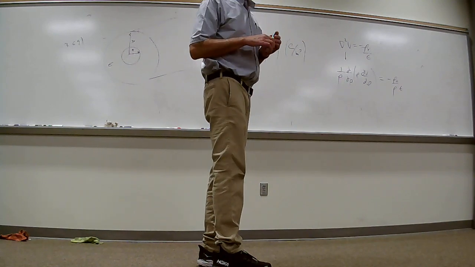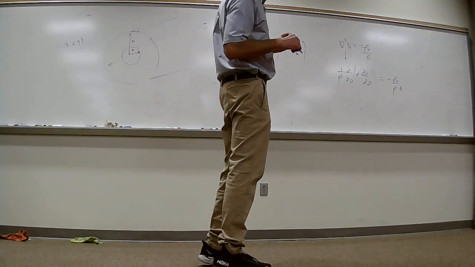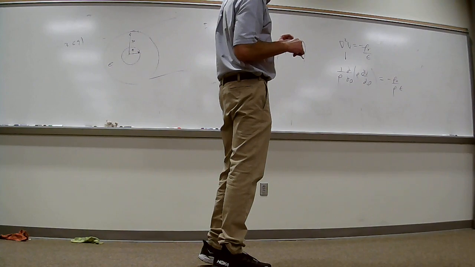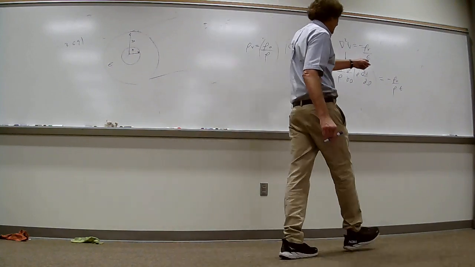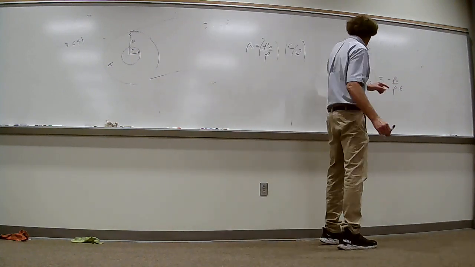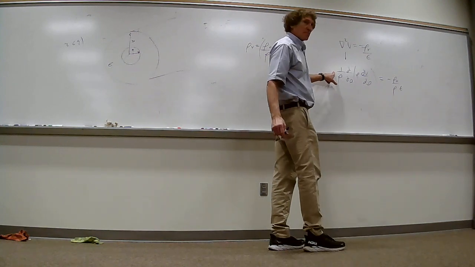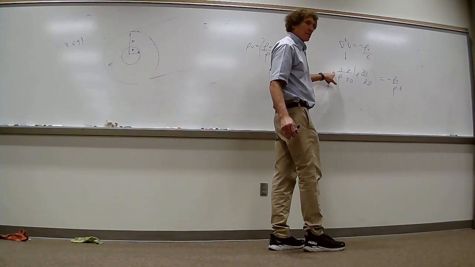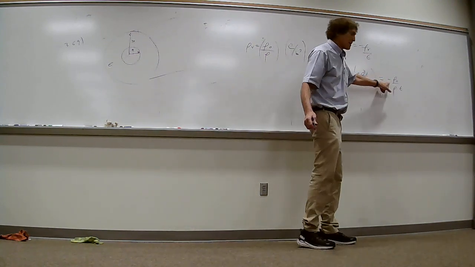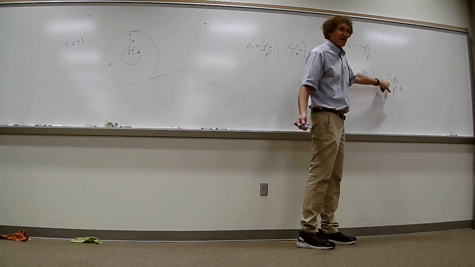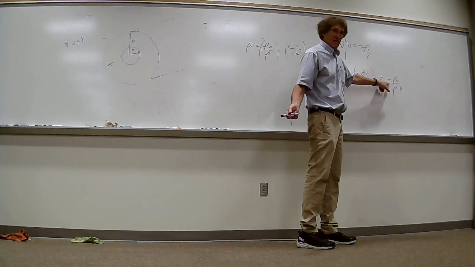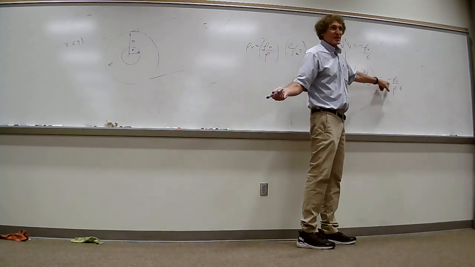Is that not a negative 1 over rho? On this side, where are you getting negative from? Well, it's negative over here, right? You could put it on either side. If you want to put it on the other side, just multiply both sides by minus 1.